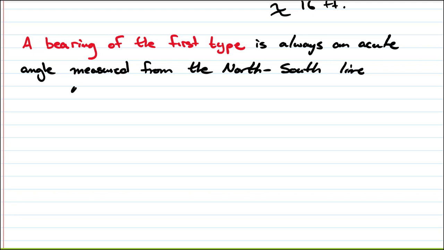So if we make our cardinal directions, we have our north-south line, and we have east and west.